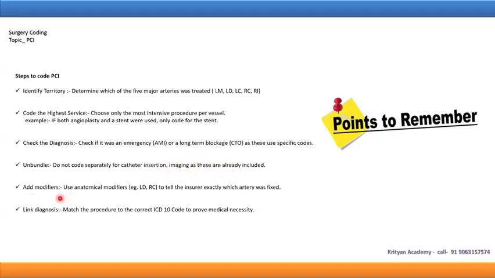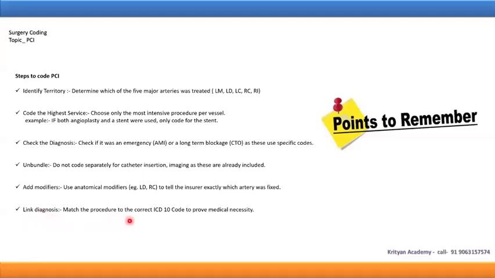And modifiers, of course. We can use anatomical modifiers like LD, RC, LC, LM, to tell the insurer exactly which artery was treated. So this one is also important. And finally, the most important one: link diagnosis.